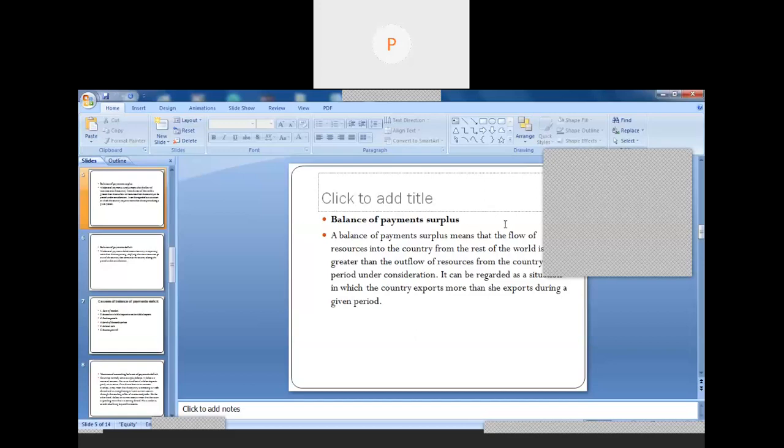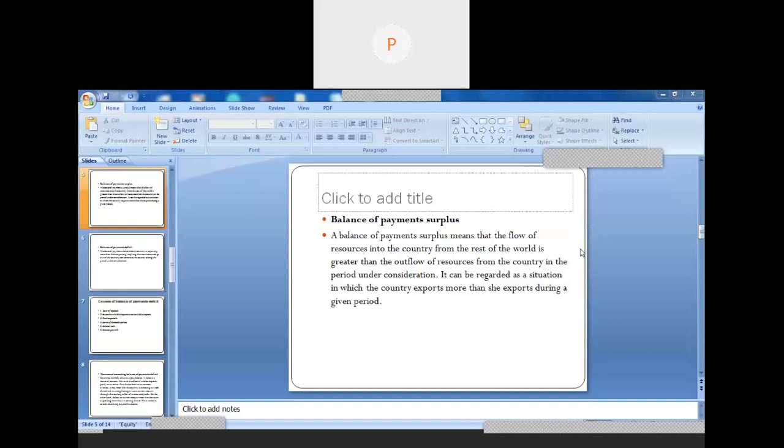In my slide, you can see I have discussed balance of payment surplus. So what is balance of payment surplus? It means that the flow of resources into a country from the rest of the world is greater than the outflow of resources from the country in the period under consideration.